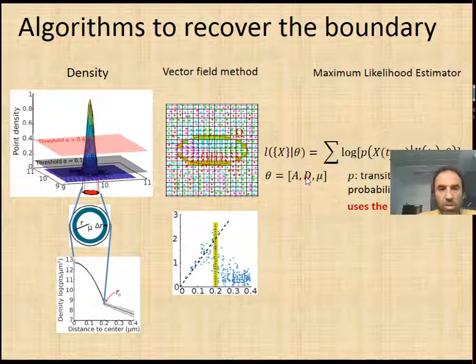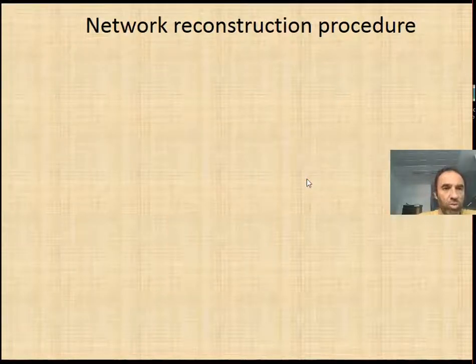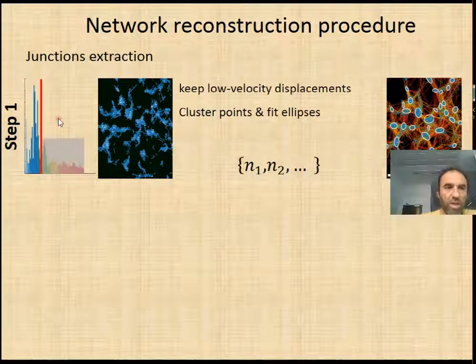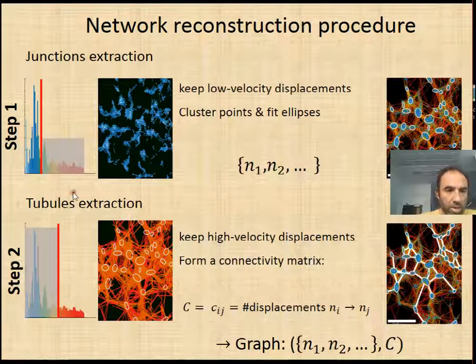We can estimate the information coming from the drift A and mu, and coming from the diffusion coefficient D. So the network reconstruction procedure uses the fact that low density regions and high density regions are characterized by low velocity, as shown here by the reconstruction of the ellipses in white, while the tubule extraction is possible by using the fast velocity, leading here to the connection between the different nodes. So in the end, the algorithm allows us to reconstruct the position of the nodes as well as the connectivity C.